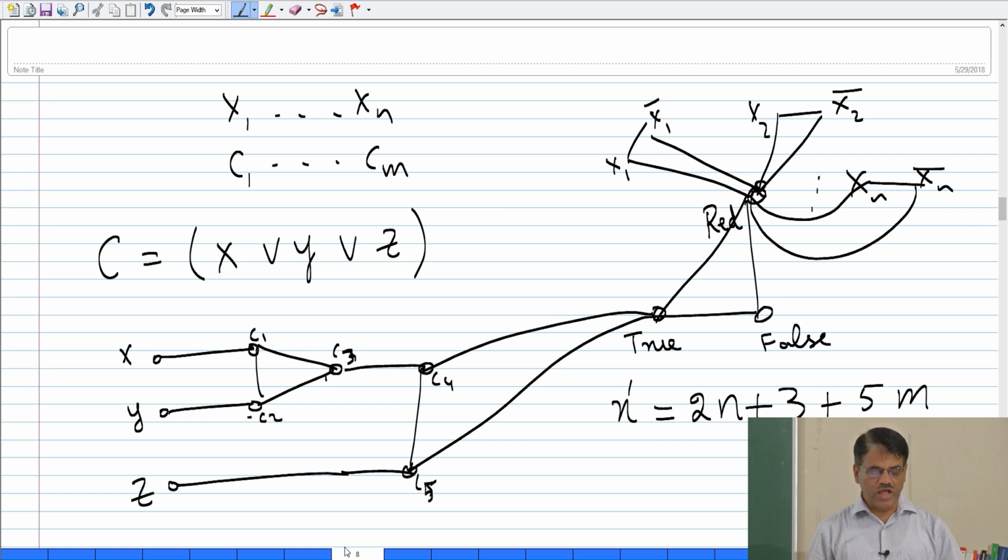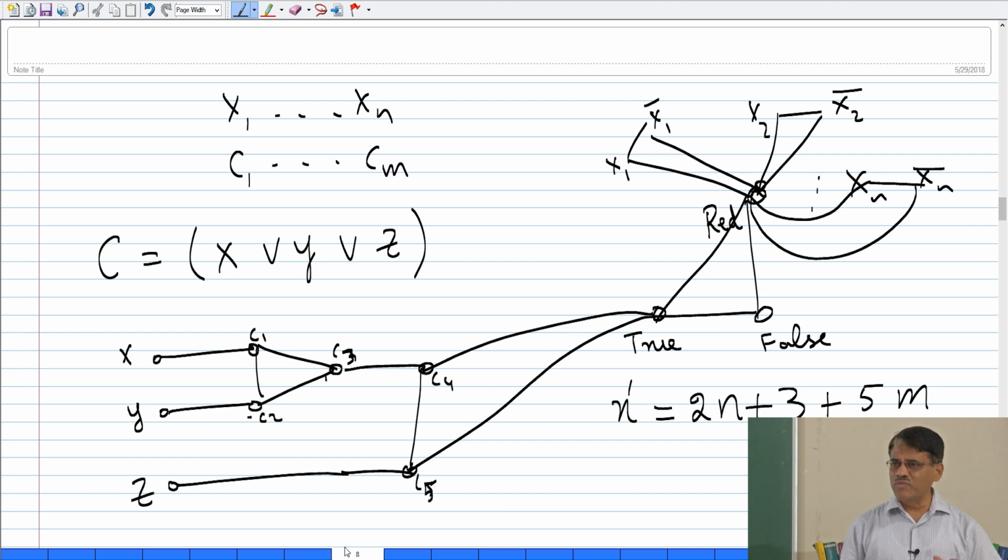Now I want to show that there is a way to color this gadget so that it is actually a 3 coloring. I know that this clause C is satisfied by the assignment, so one of these variables must be true.